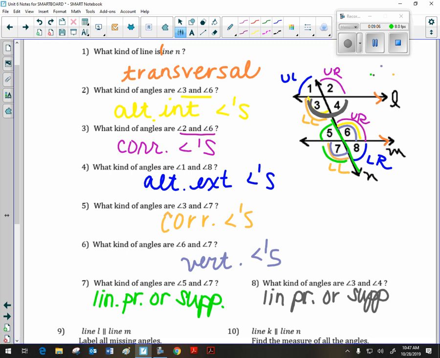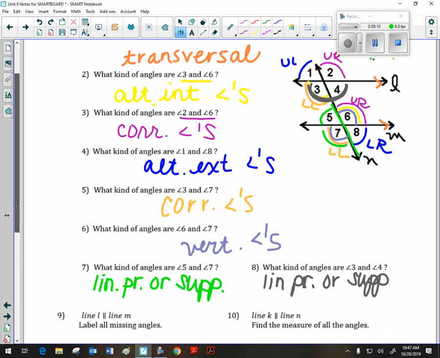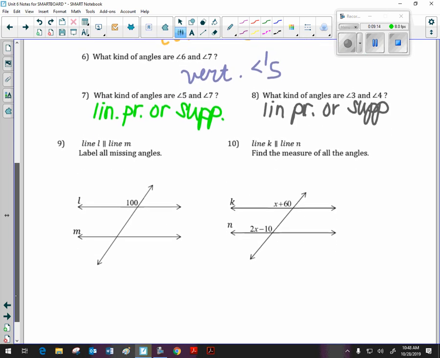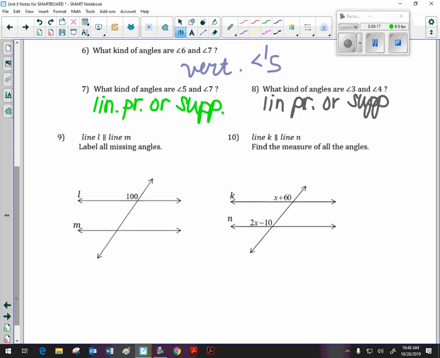So there's a lot of vocabulary that we're throwing along in here. You want to make sure that you are able to answer those questions. In number 9, they're telling us that lines L and M are parallel, and they want us to find all the missing angles.